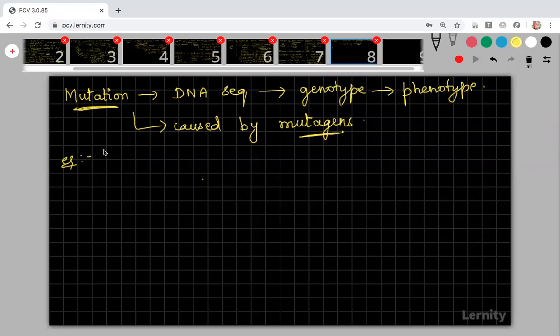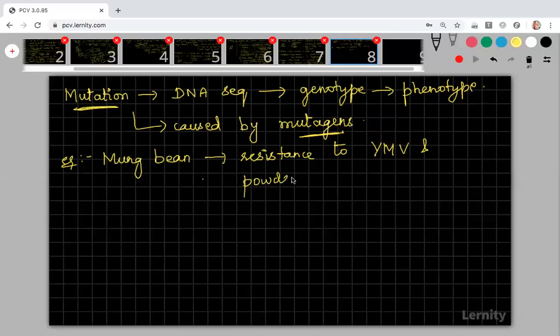Okay, so you just write down this example of how plants are made resistant against diseases using mutation breeding. Example is mung bean, M-U-N-G. This mung bean is made resistant to yellow mosaic virus, YMV, and also one more disease called powdery mildew.